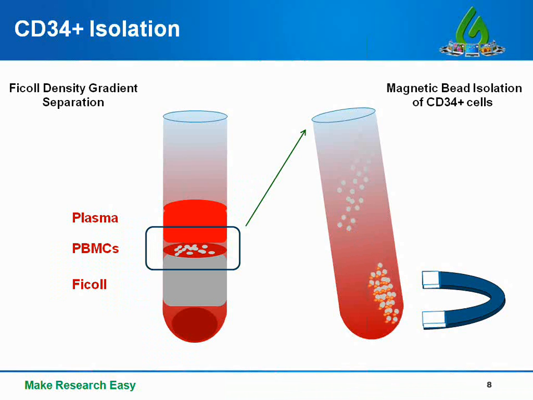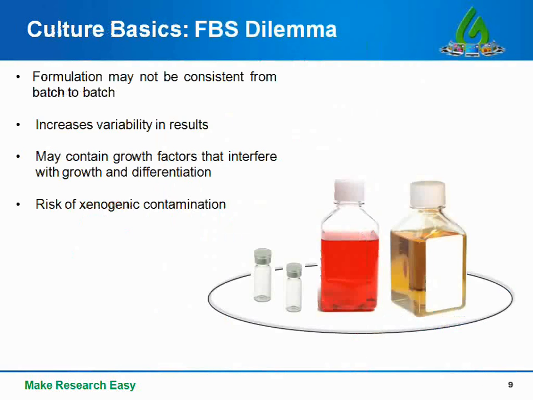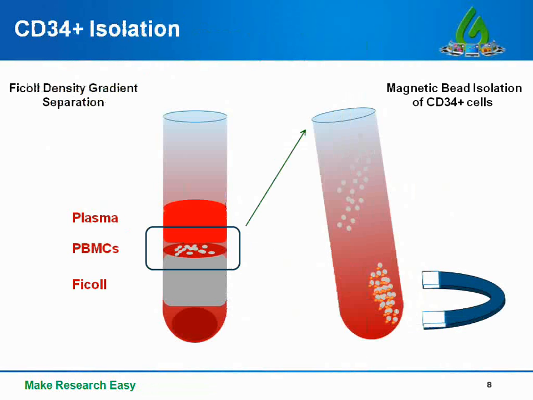The magnetic beads will have antibodies for CD34 and attach to the cells, forming aggregates. To isolate these bead and antibody aggregates, simply place a magnet next to the tube.